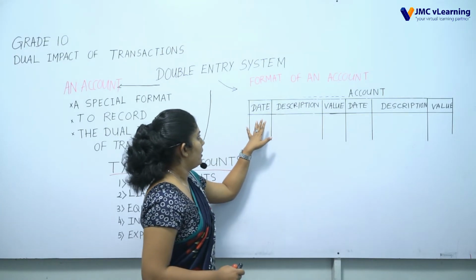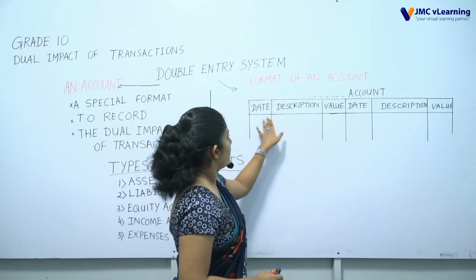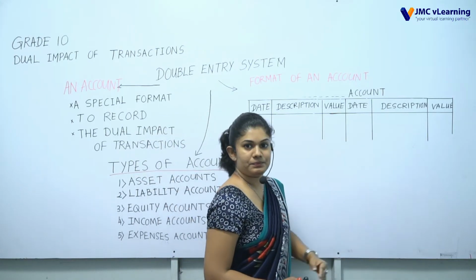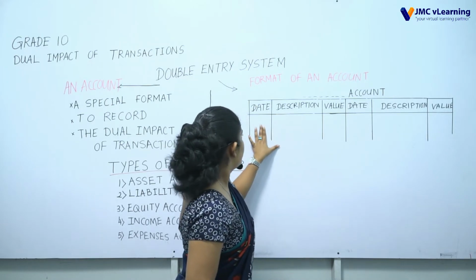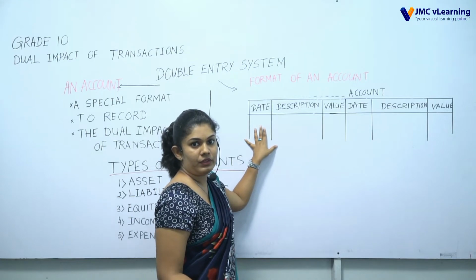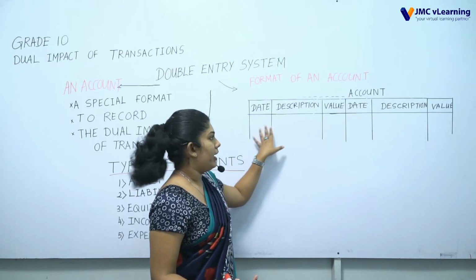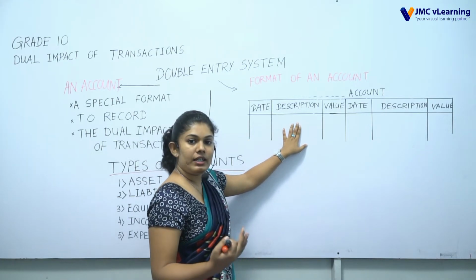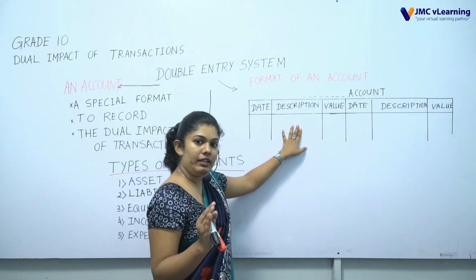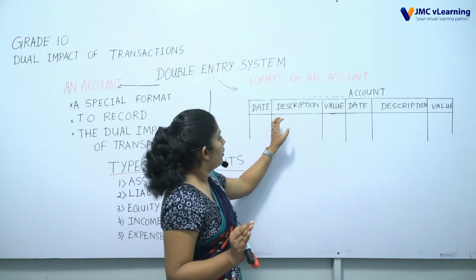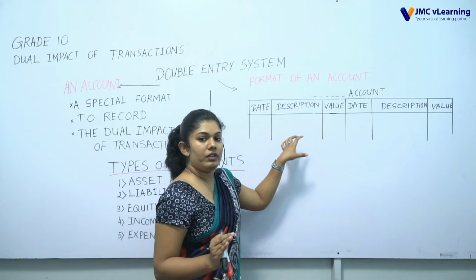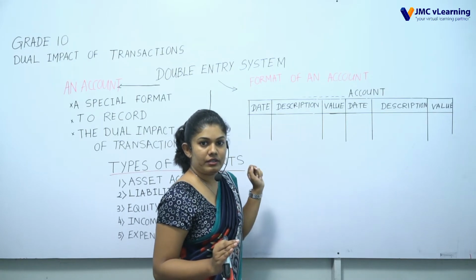And first, there is date, description, and value. Date is the date on which the transaction happened, the date of the transaction. Description here doesn't mean that you have to write a descriptive account of the transaction.